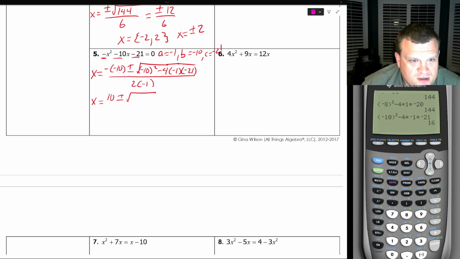So the square root of 16, over 2 times -1, which is -2.